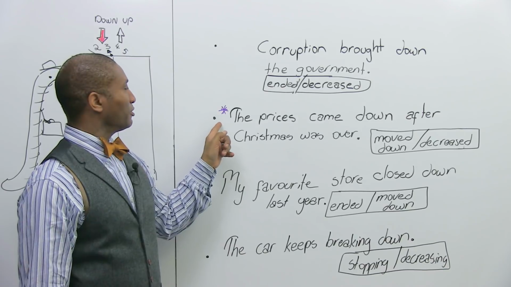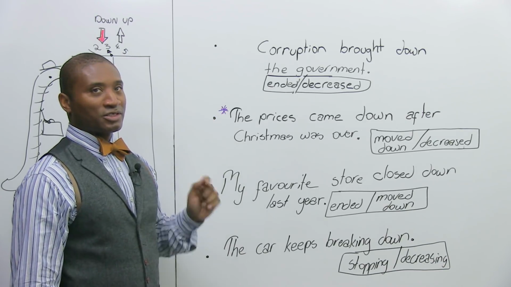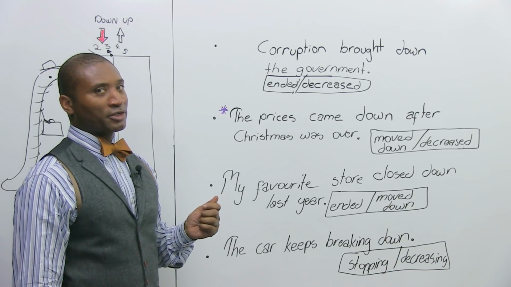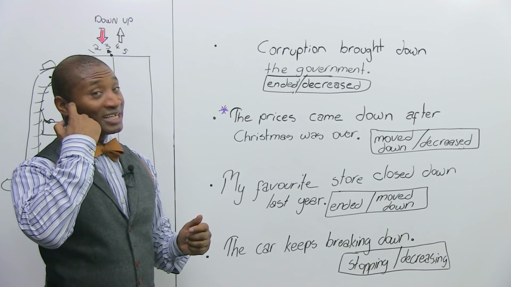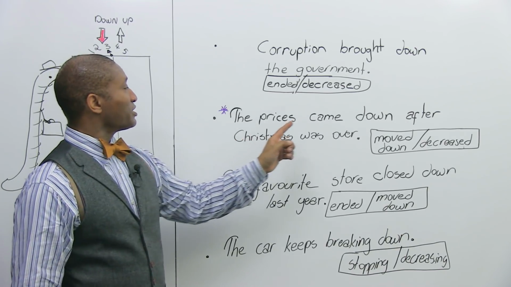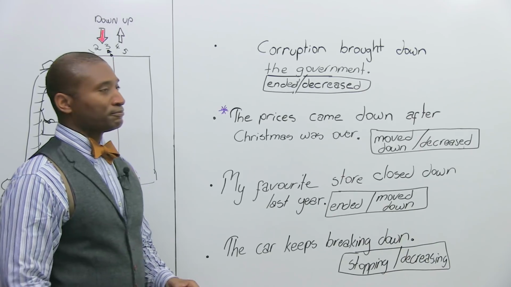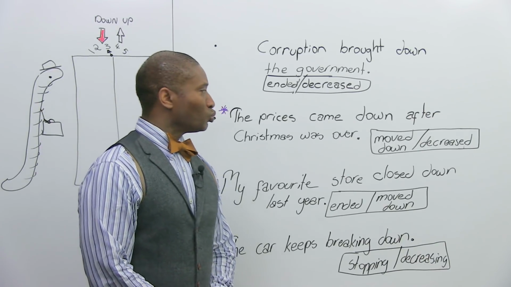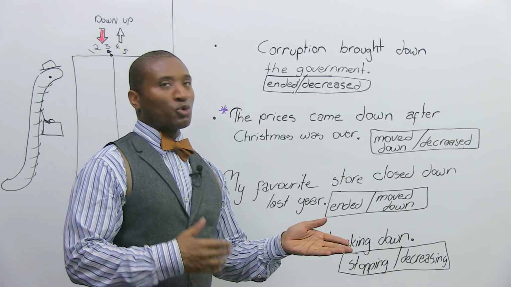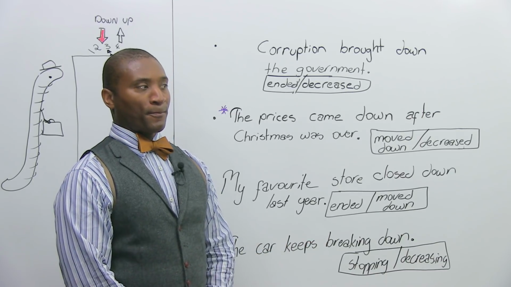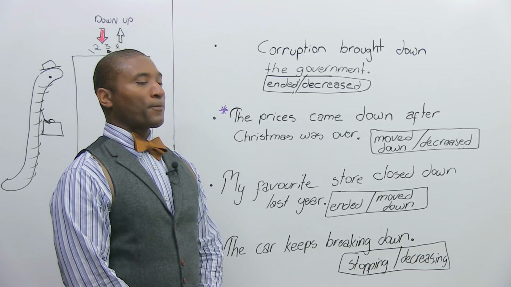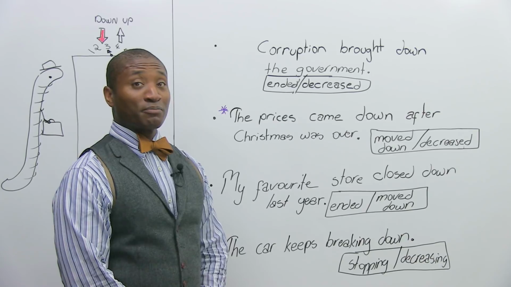There's a star here, a little purpley star. That means this is very special, so you better be careful on the answer. Okay? It's going to be tricky. The prices came down after Christmas was over. Is that moved down or decreased? That's right, both.